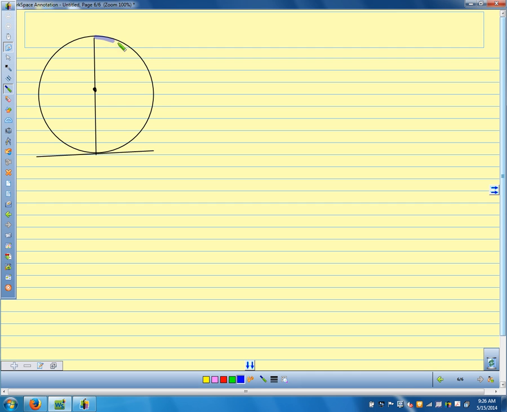How big is this arc? How many degrees? 180. To go from the arc to the angle, divide by 2. So that makes that a 90-degree angle. So the same rule will work no matter what, but the only time we get a 90-degree angle is if we're tangent to a diameter or to a radius.